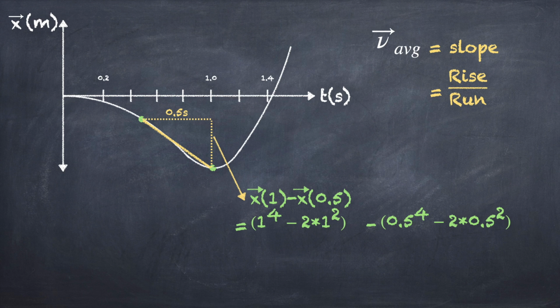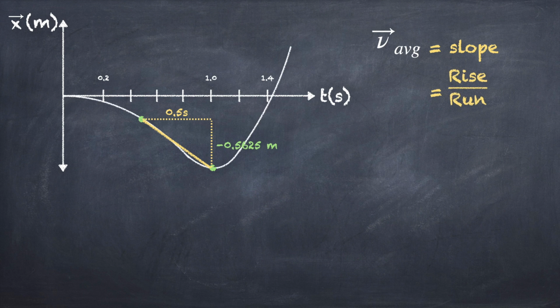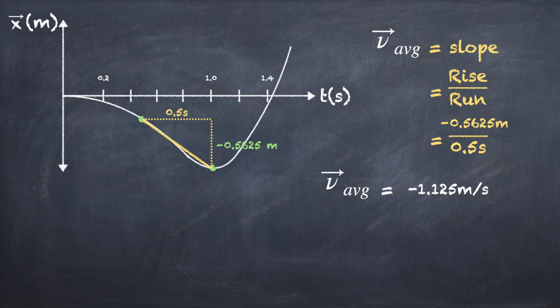Then we plug in the numbers, simplify, to find a rise, or rather a fall, of negative 0.5625 meters. We then use these numbers to compute the slope, and dividing we find that the average velocity is negative 1.125 meters per second. We were able to compute this graphically just by finding the slope of a line connecting these two positions.